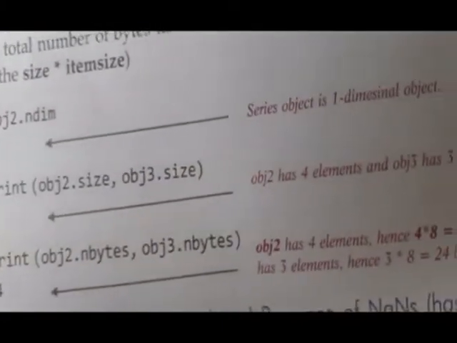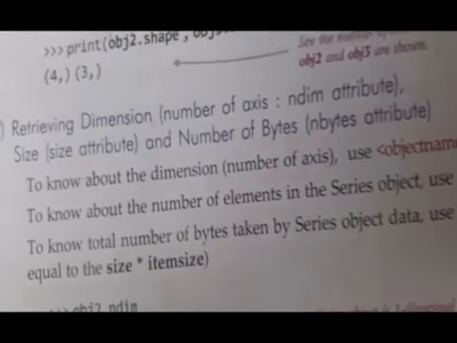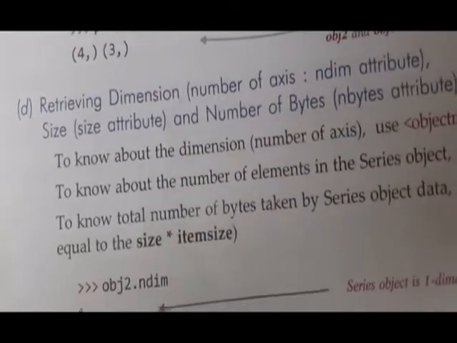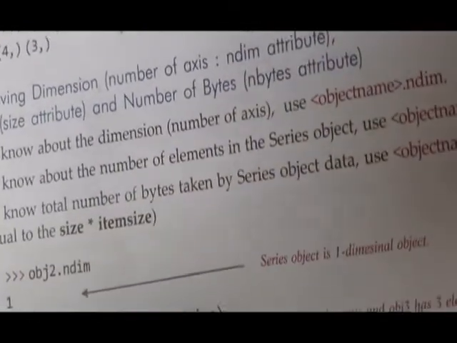How many dimensions are there? 1 dimension. ndim is to know about the dimension, the number of axes.